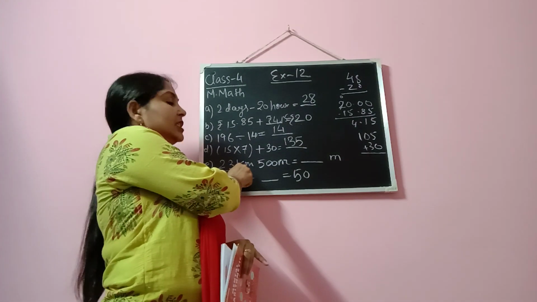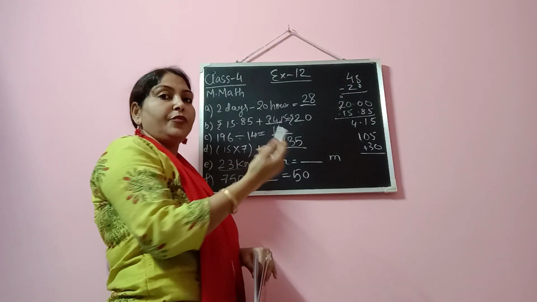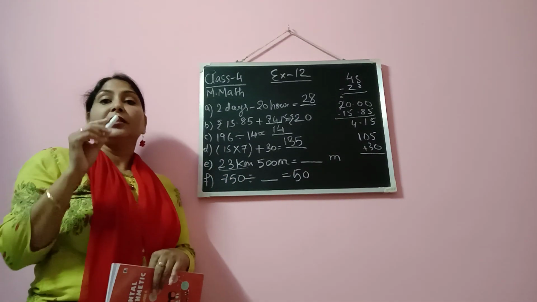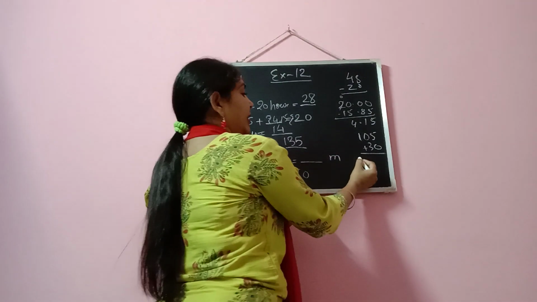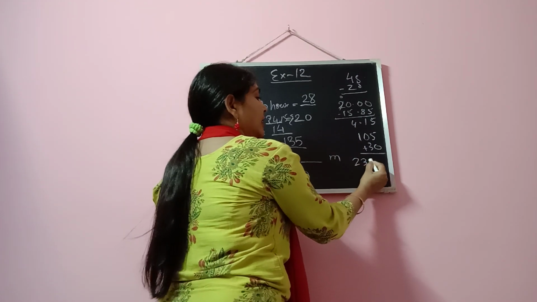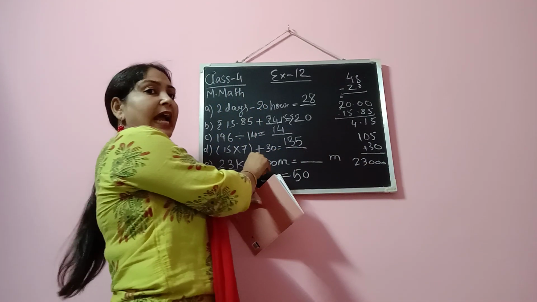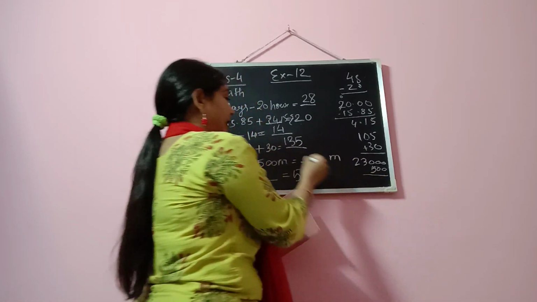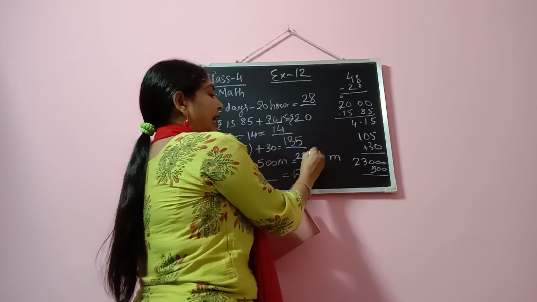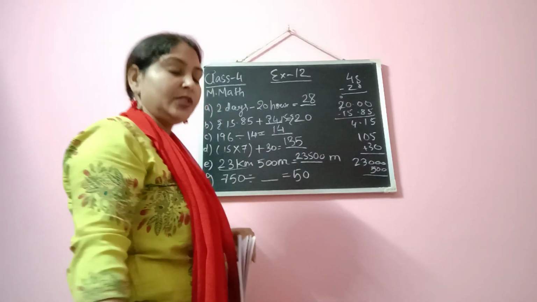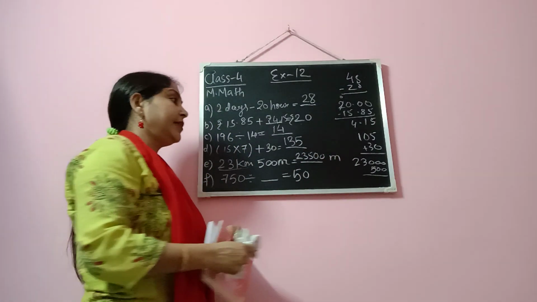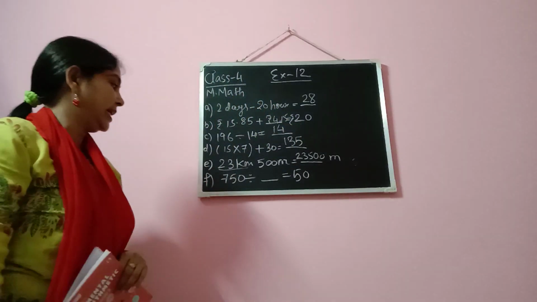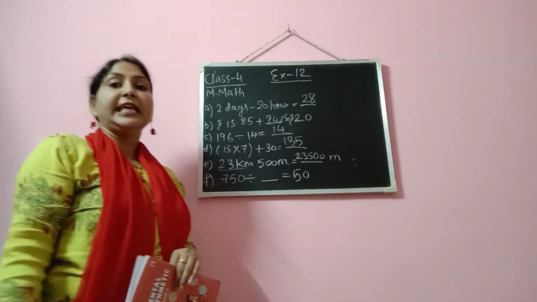So here it is a bigger unit to a smaller unit, so we multiply. 23 kilometers is equal to 23,000 meters. And this 500 we have to add. When we add this 500, it comes to 23,500 meters.